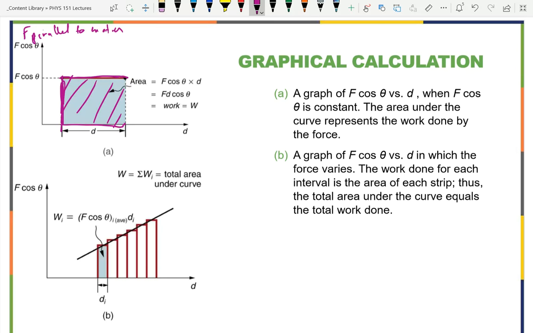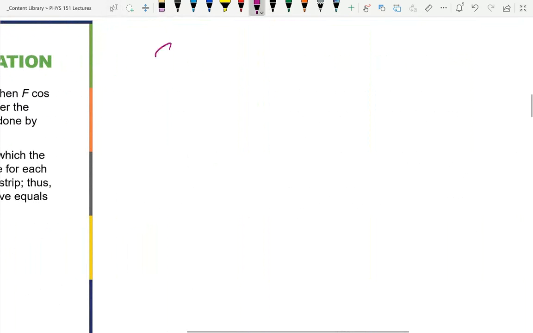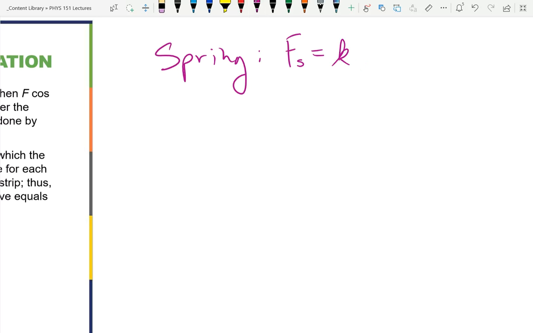Now, if you have something like a spring, does anybody remember the equation for the force of a spring? So force is kx. That's the magnitude of the force. We didn't put a sign on there because we don't care about the direction.